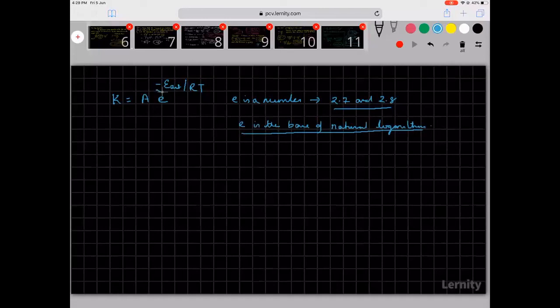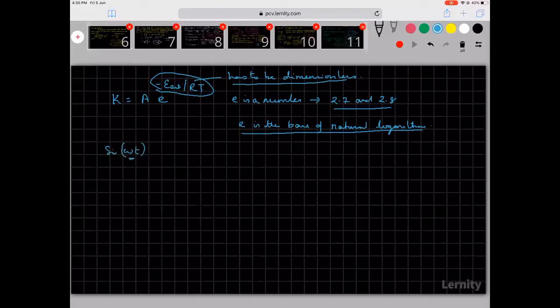Now understand that whenever anything is raised to a power, this exponent quantity has to be dimensionless, because this is an operation that you are doing, just as I told you with sine omega t.